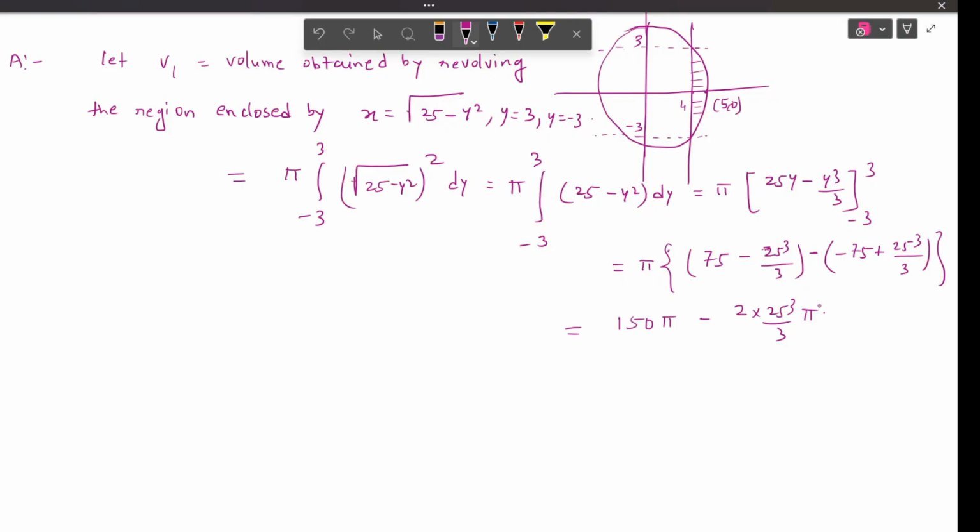Now if you calculate the values, let me check here if I have done any mistake, because we are taking 3, so it would be 3 into 25, 75, minus 3 cube. Oh, I'm extremely sorry. This should be 3 cube by 3.